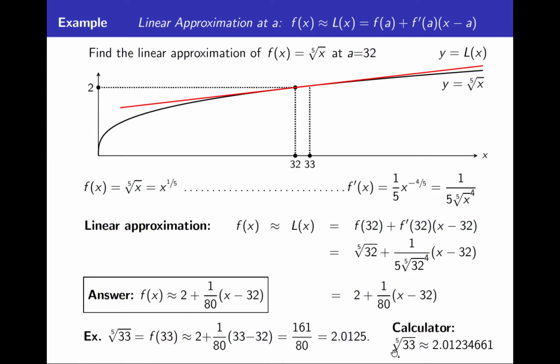With a calculator, the fifth root of 33 is, to at least 8 decimal places, 2.012346661. And notice that's very close to our approximation. In fact, our approximation, you can see, is correct to 3 decimal places. And that's pretty good.